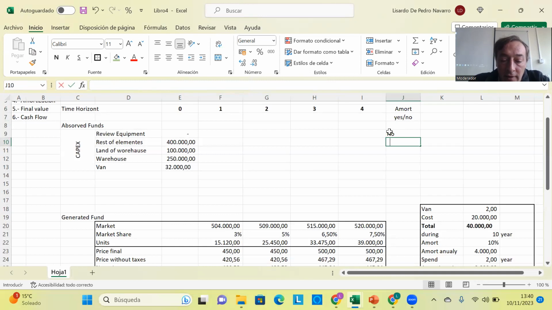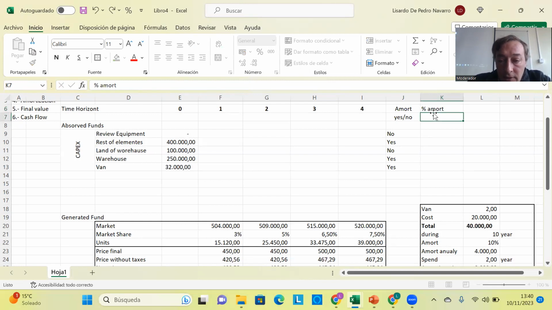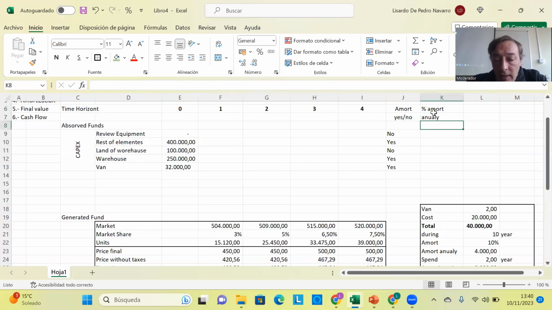The rest of the elements, yes. The land, no. The warehouse, yes, and the van, yes. Great. So here we have to put the percentage of amortization annually.